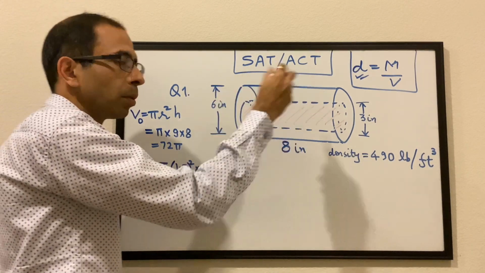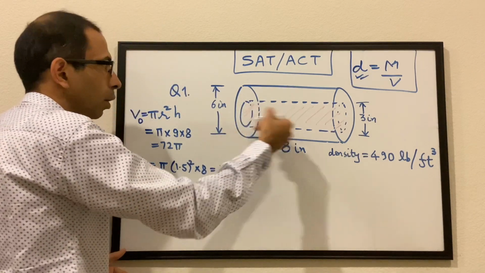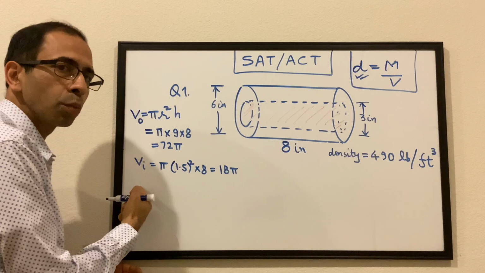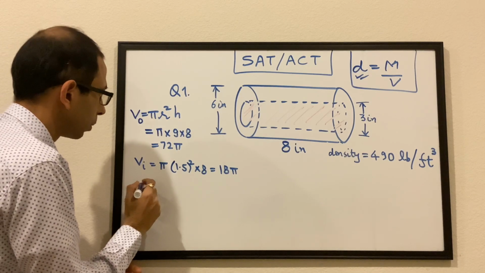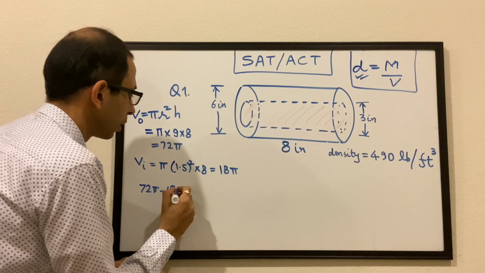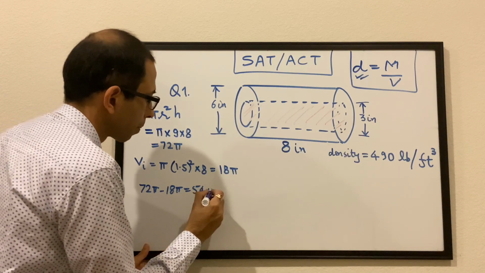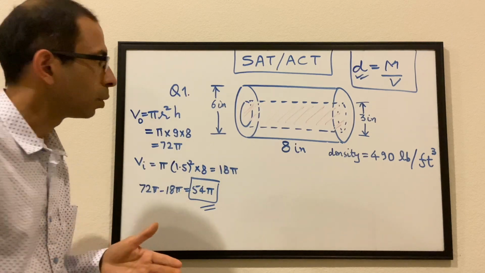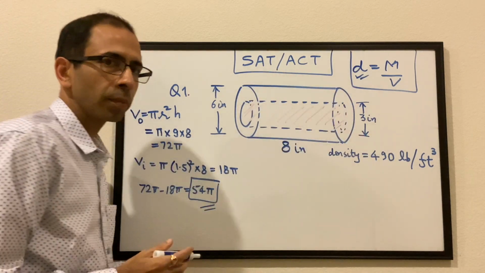So the volume of the object, without this inner cylinder, will be V outer minus V inner, which will be equal to 72 pi minus 18 pi, which is 54 pi. So 54 pi is the volume of this shape, right?